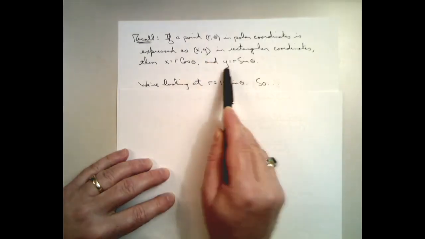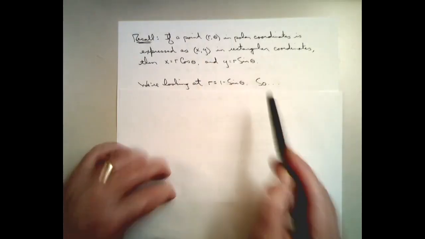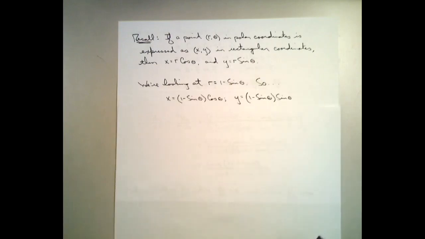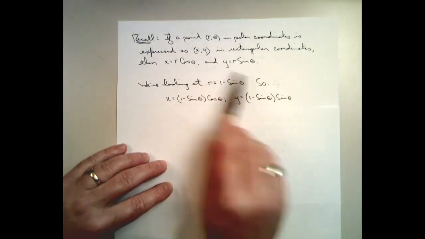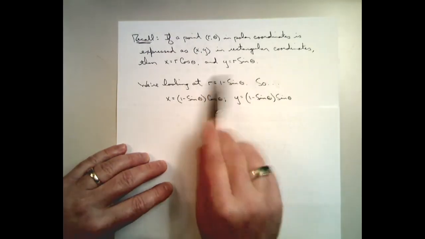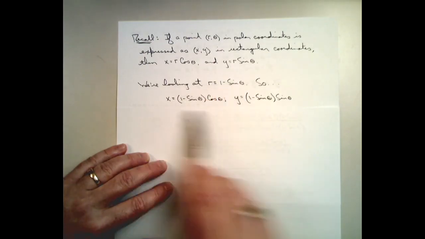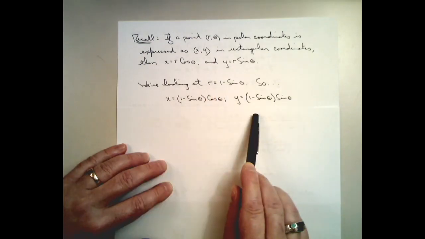And similarly, my y's as 1 minus sine theta times sine theta. So what I really have here is a way of translating my polar description of the function in terms of parametric equations.